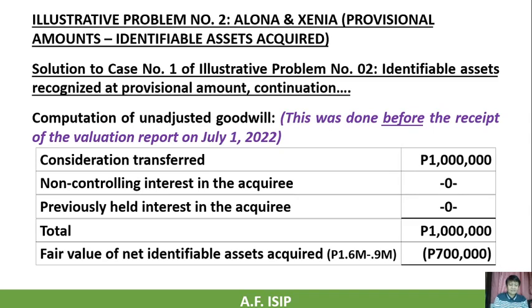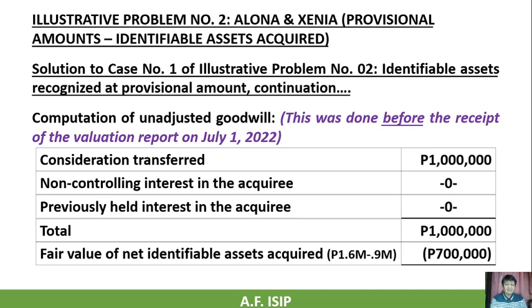Let's now deduct the fair value of net identifiable assets acquired. The fair value of identifiable assets is 1,600,000. We will deduct the fair value of the liabilities assumed of 900,000. So we have a difference of 700,000, and that is the net identifiable assets.